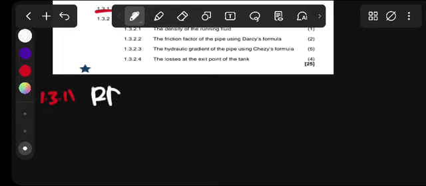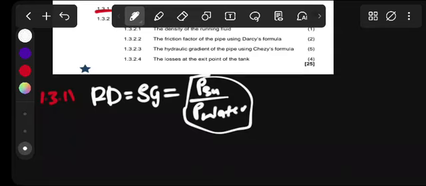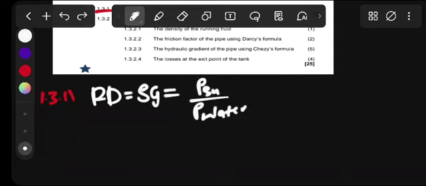Relative density is the same as specific gravity. Remember from N5, it equals the density of the substance divided by the density of water. This is a ratio. How can we define this? We define relative density as this.